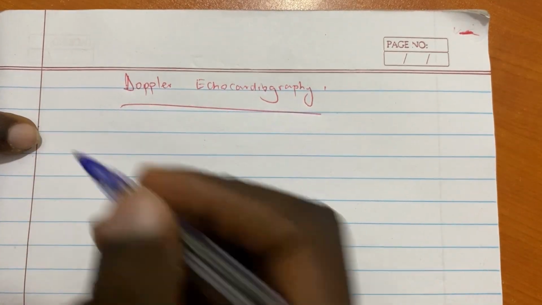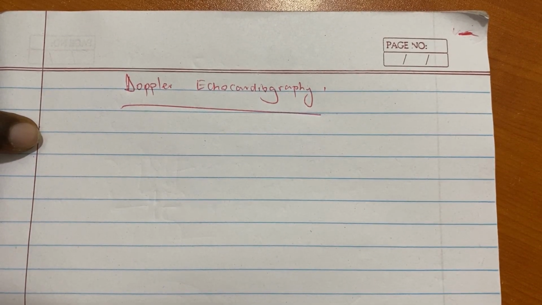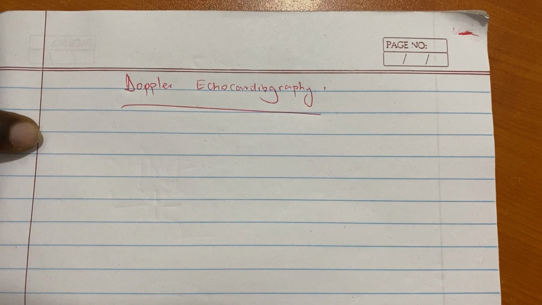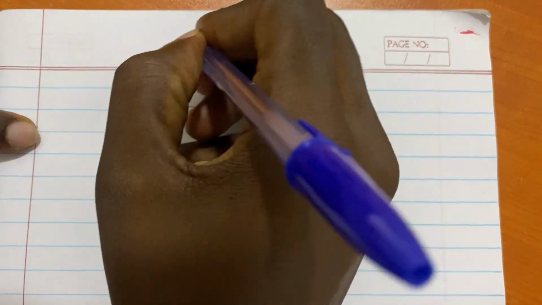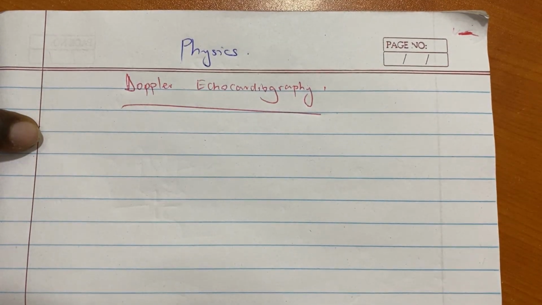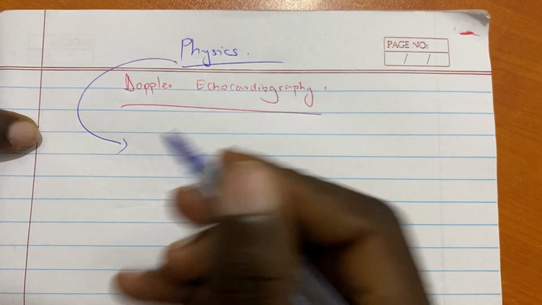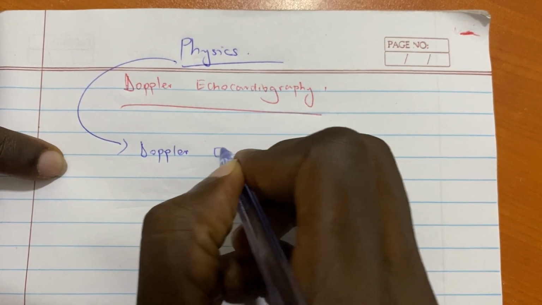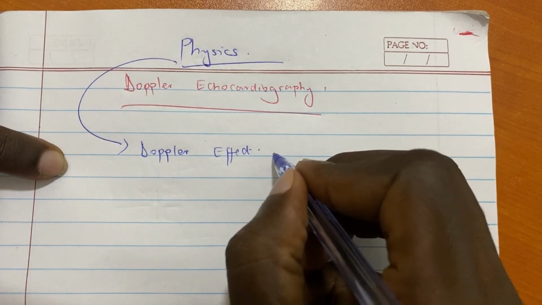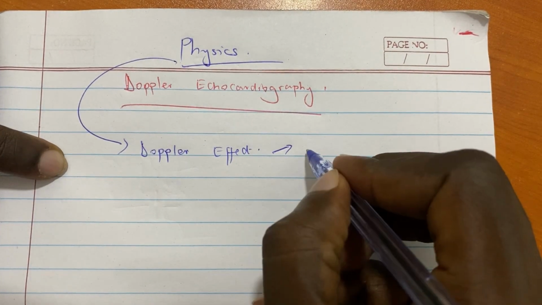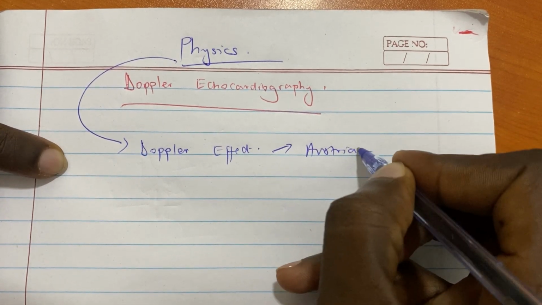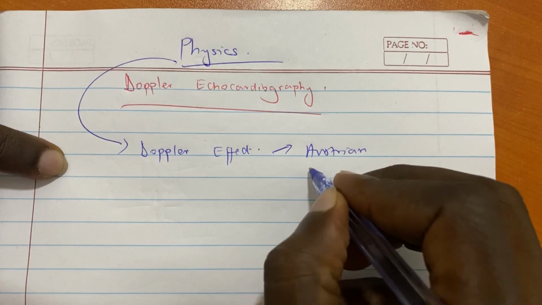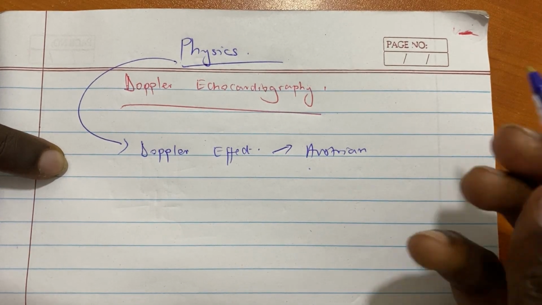Just going back a bit, in your A level, for example, high school advanced level of secondary education, those who did physics must have come across the Doppler effect, proposed by an Australian physicist called Christian Doppler.